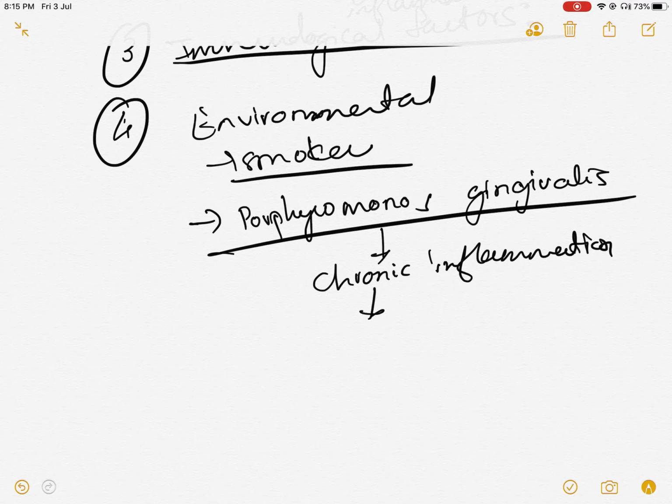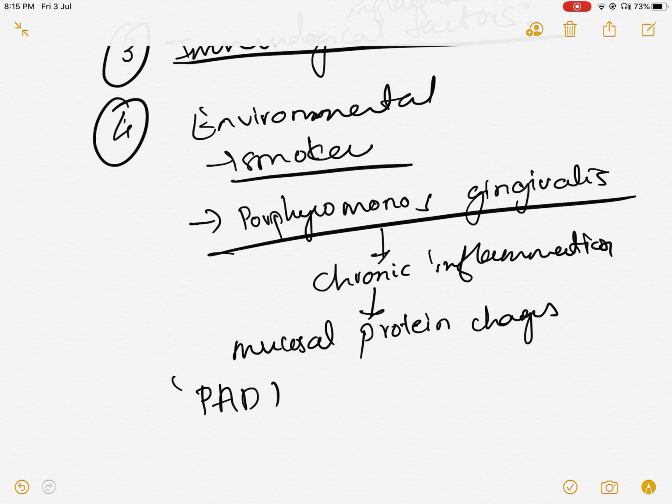This causes the mucosal protein to change. What changes it is an enzyme called PADI. PADI is peptide arginine deiminase. So what it does is that it converts the arginine into citrulline.